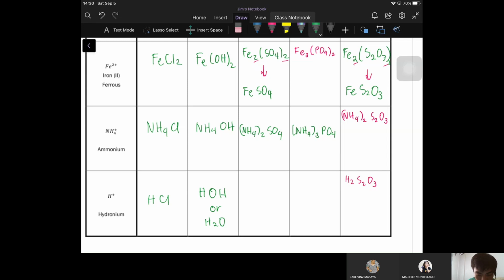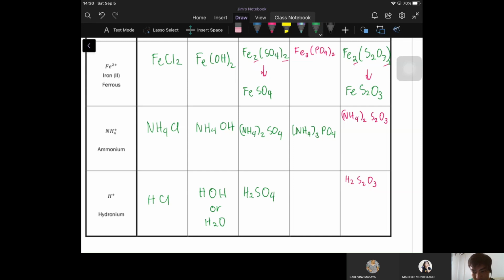Then sulfate. So yung 2 ni sulfate, mapupunta yan kay hydronium. So H2SO4. 1 yung charge ni hydronium, so burahin lang natin yung parenthesis. Pwede na yung ganyan lang.